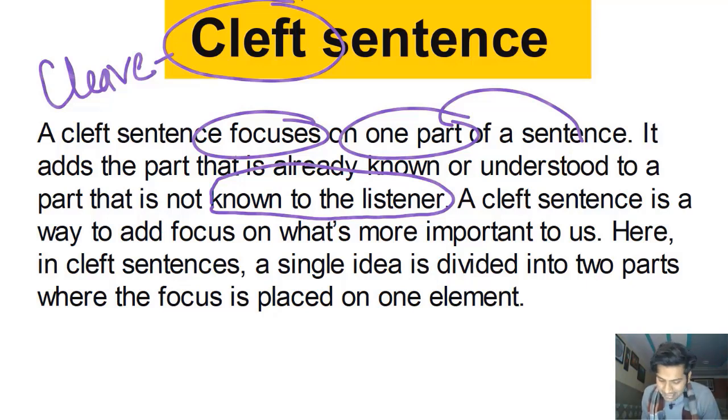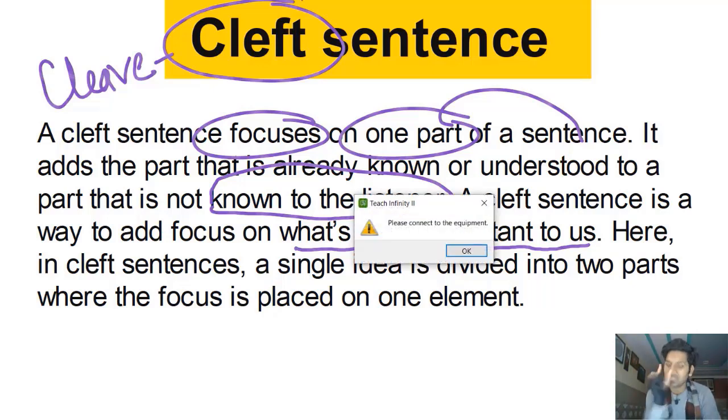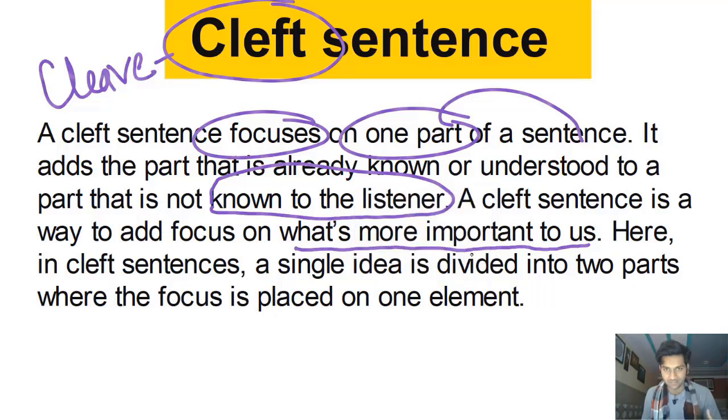So a cleft sentence is a mechanism to add focus on what is more important to us, to the speaker. It is a way to put emphasis on what is more important to us, right? Maybe we are correcting somebody, or we want to put focus on one particular part of the sentence, right?